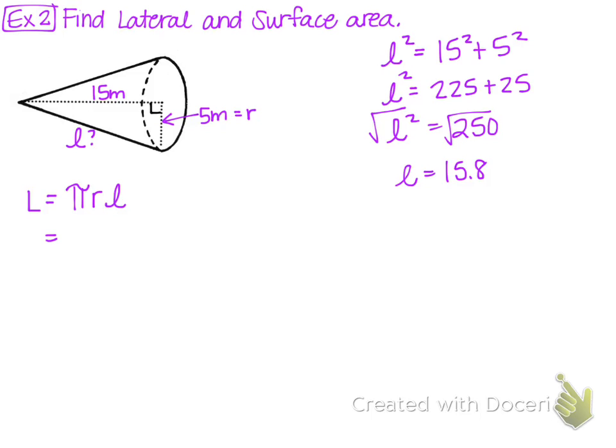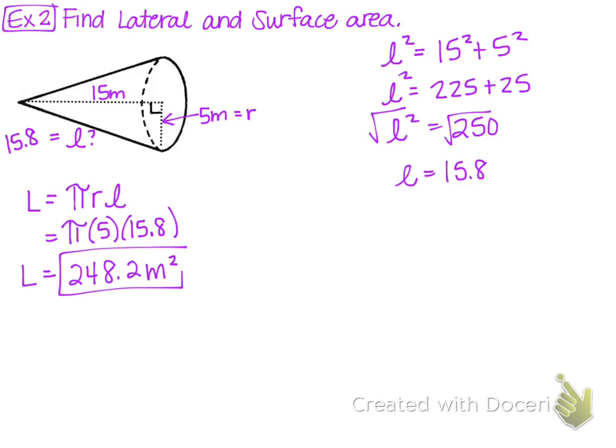Just a coincidence that it worked out to be the same one. So we have pi times my r, which is 5, times my L, which is 15.8. So let's put that in our calculator and use the pi button instead of using 3.14. So you get 248.2, and we have meters squared.